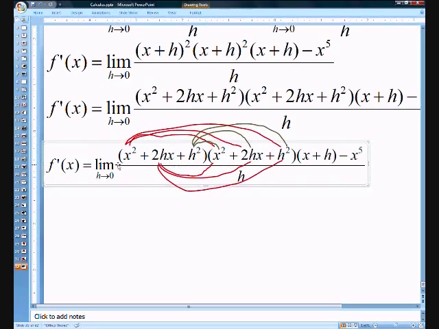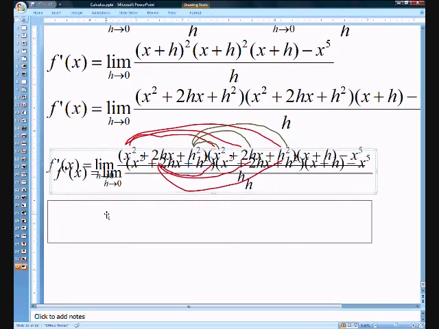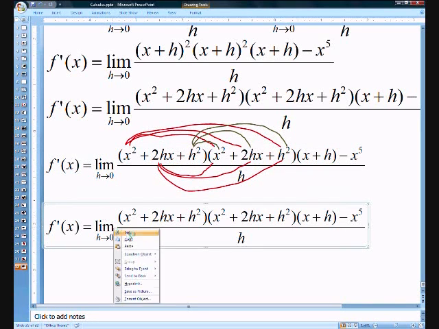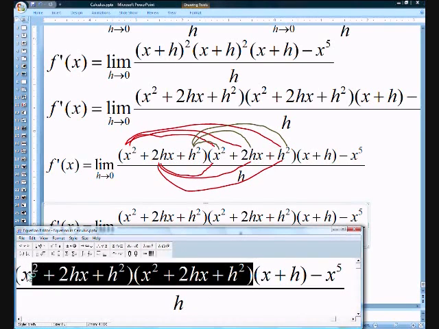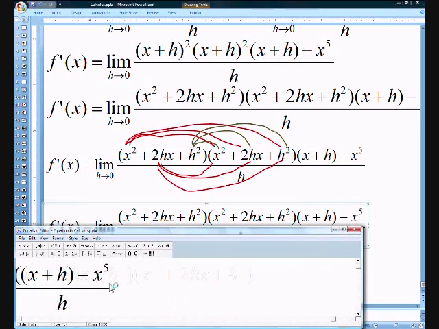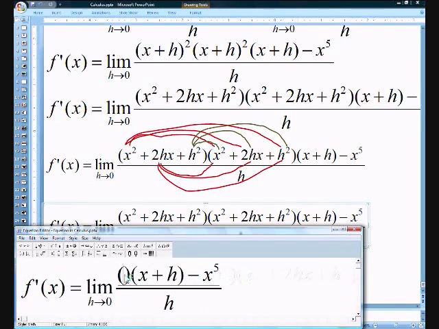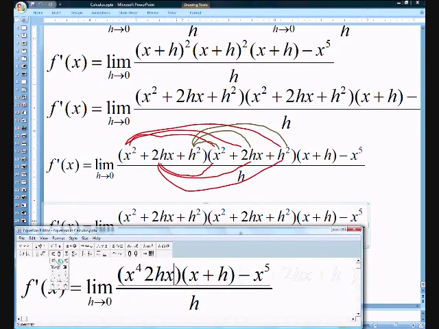So, let's look at our result. Okay. So we know that the first thing is going to be x to the power of 4, that's a given. And now we got 2hx cubed, looks like, right?